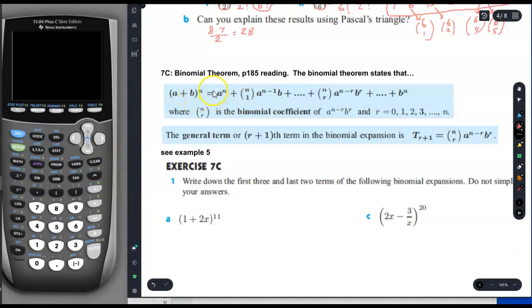Now, basically all this is saying is, if you have this binomial expansion to do, the first term is going to be a to the n. Everybody knows that, and there it is. The second term is going to be the Pascal's triangle coefficient for this degree.